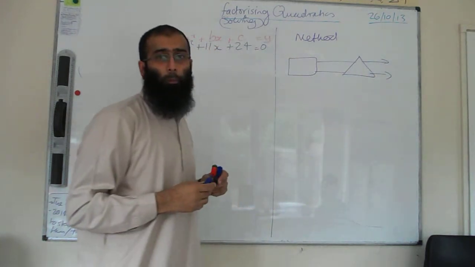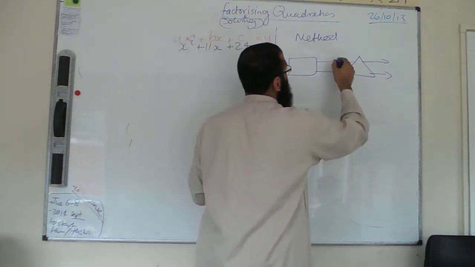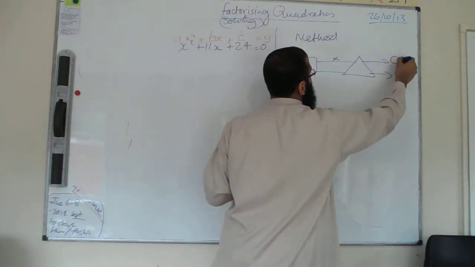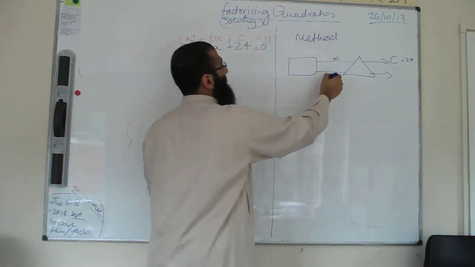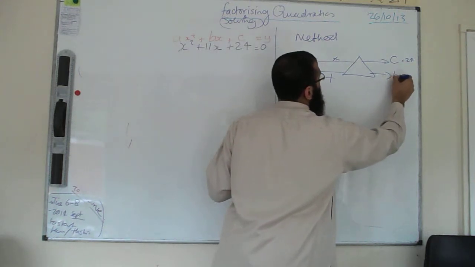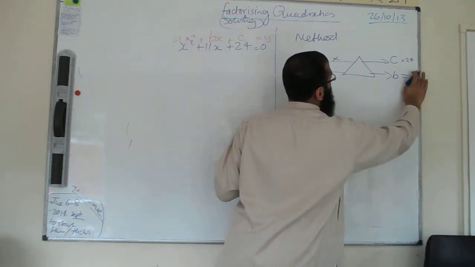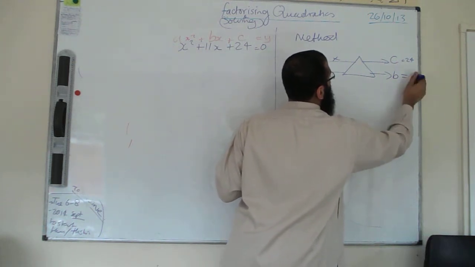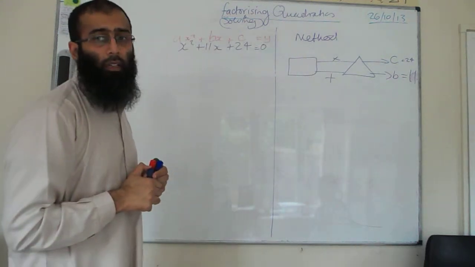We are looking for two numbers that multiply to give you the last number, but when you add them up, it gives you the middle number.